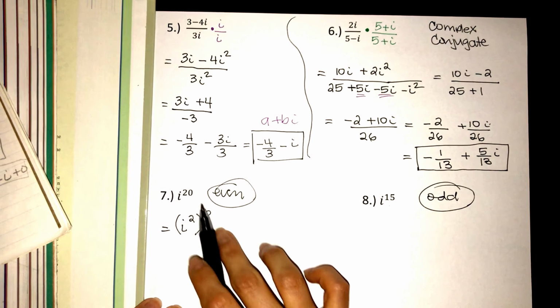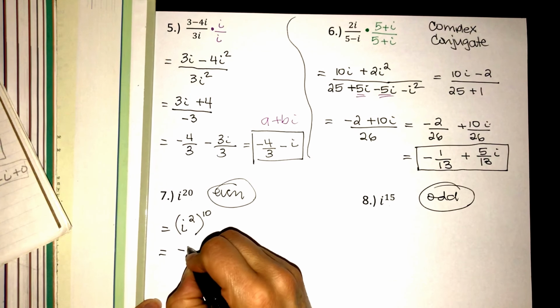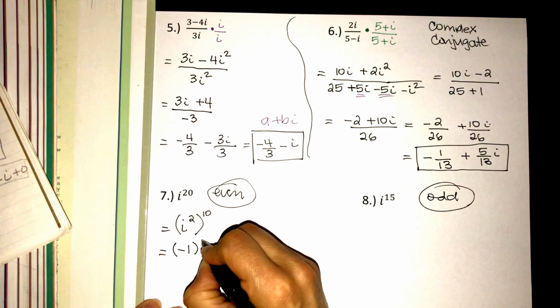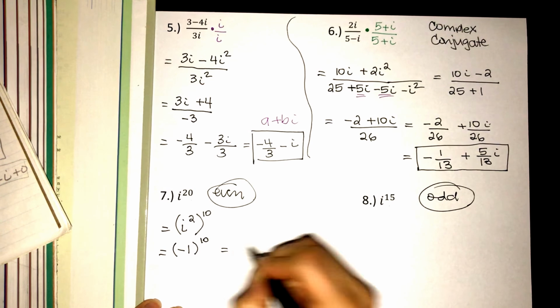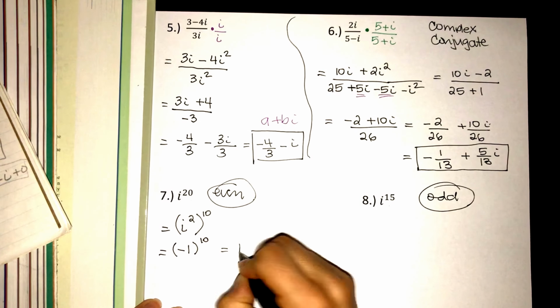So 2 times 10, that gets me back to i to the 20th. These are equivalent. Remember, i squared is equivalent to negative 1. So this is really negative 1 in parentheses to the 10th power. Well, negative 1 to an even exponent, like 10, is just going to be 1.